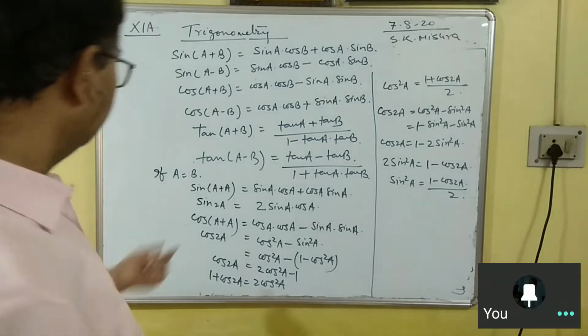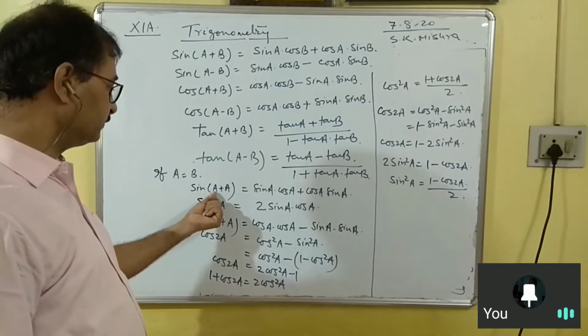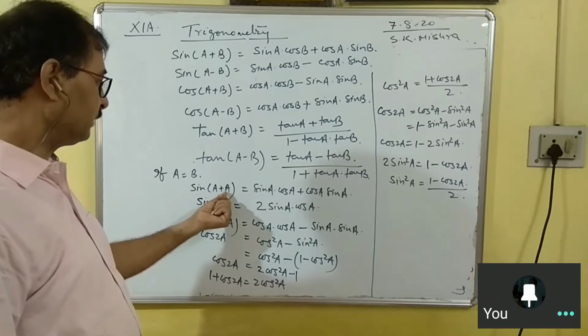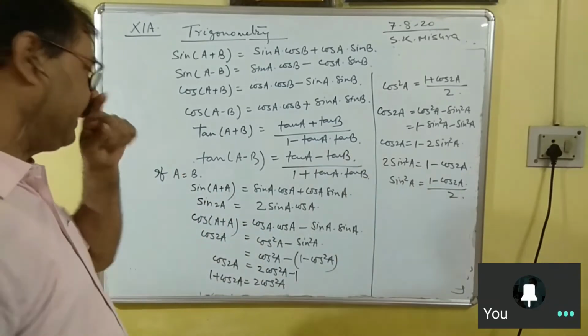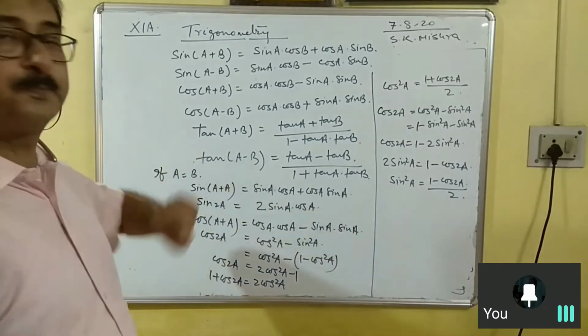If you put A as A by 2, then what will happen? If this A is A by 2, this B is also A by 2.